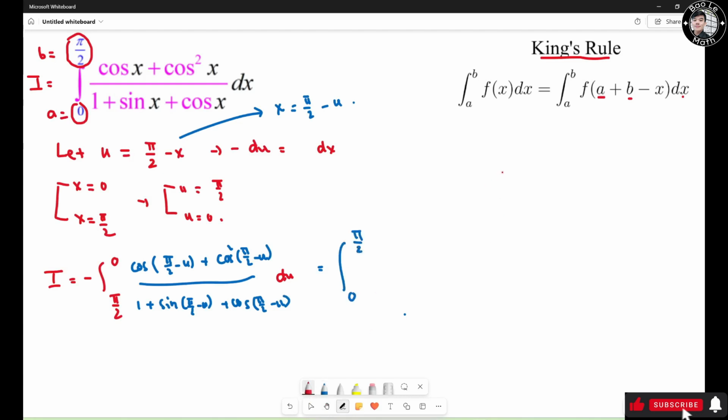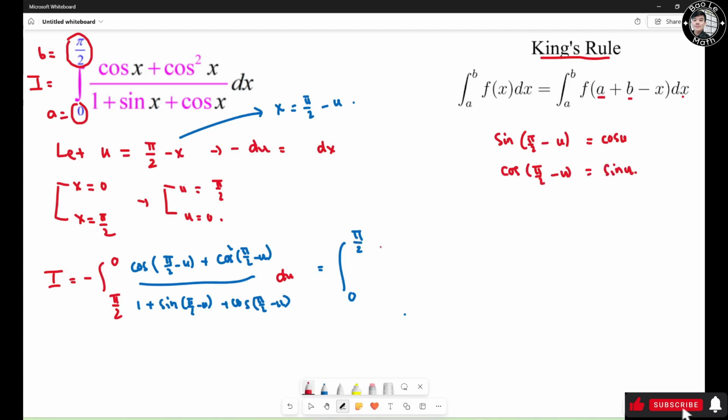Now keep in mind you have the formula sine of pi over 2 minus u equals cosine u, because in this situation sine and cosine are complementary angles. Similarly, cosine of pi over 2 minus u equals sine u. So keep that in mind.